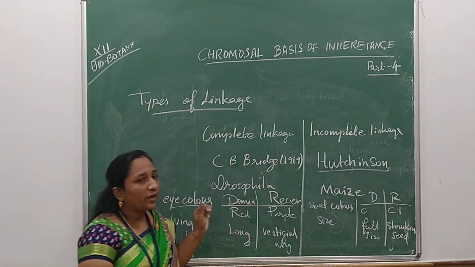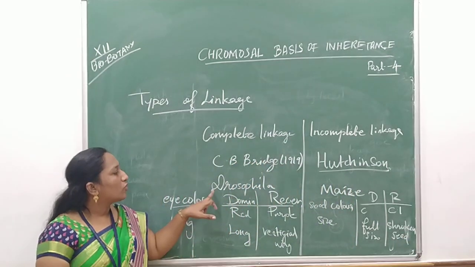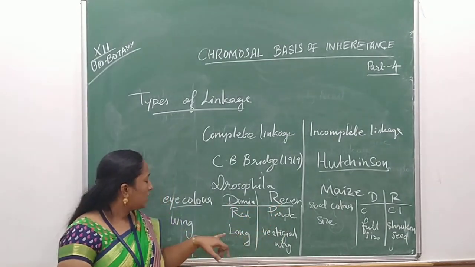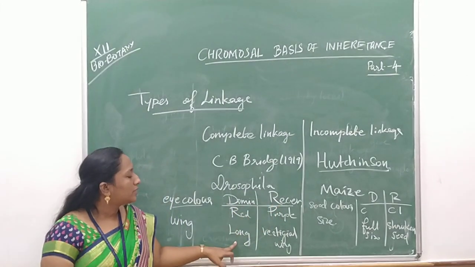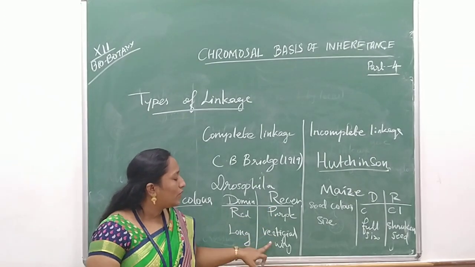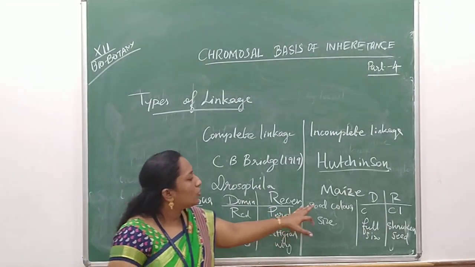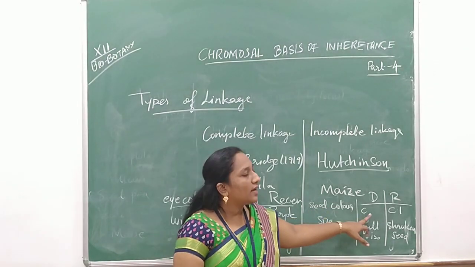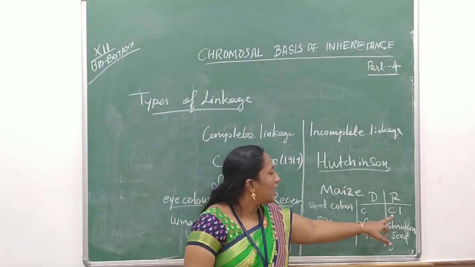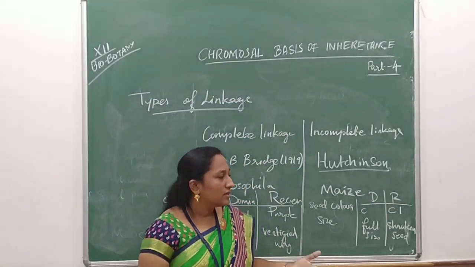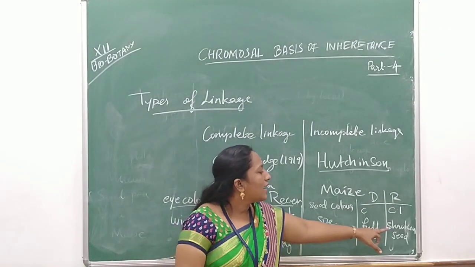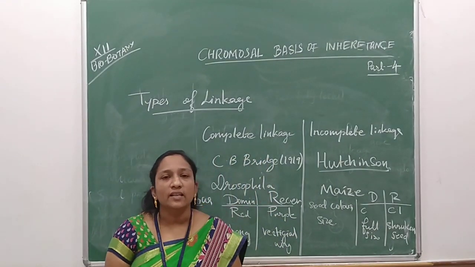So this is the recessive character and the dominant character. So for Drosophila, I have taken dominant as red and recessive as purple, and for wing size, the dominant is long wing and the recessive is the vestigial wing. In maize, they have taken seed color and seed size. The dominant is a colorful seed and the recessive character is a colorless seed. And for size, the dominant is a full-sized seed, and the recessive character is a shrunken seed.